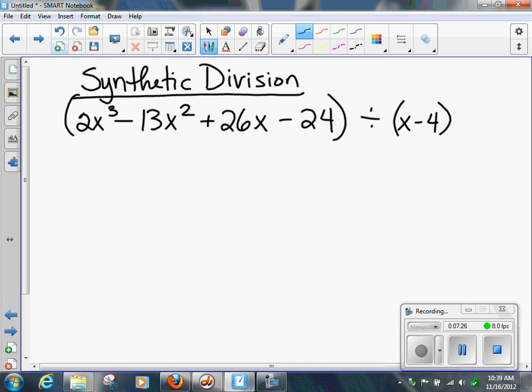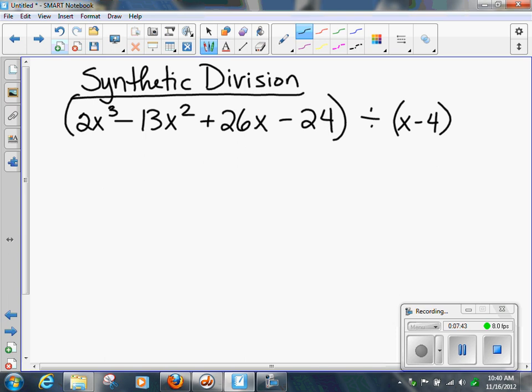X minus 2 and x plus 1. We were given the zeros, and then we turned them into their opposite, and we created factors, right? We're kind of using that same thinking, okay?